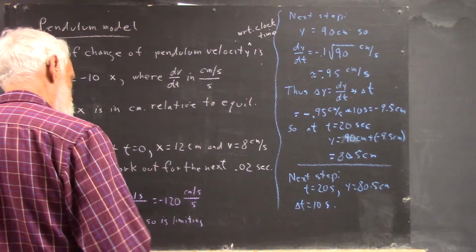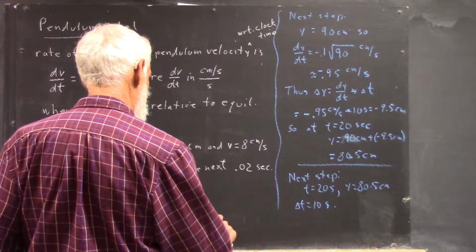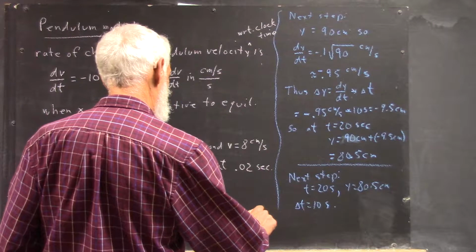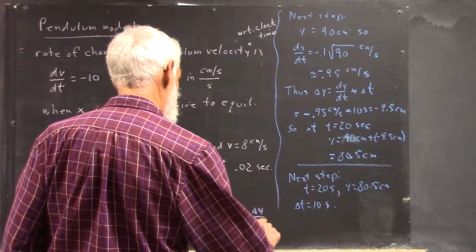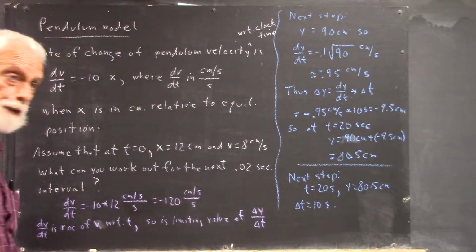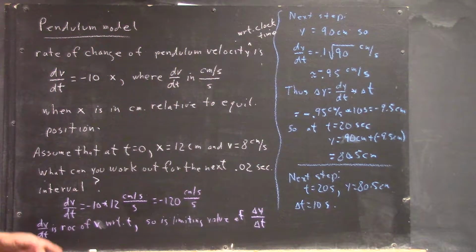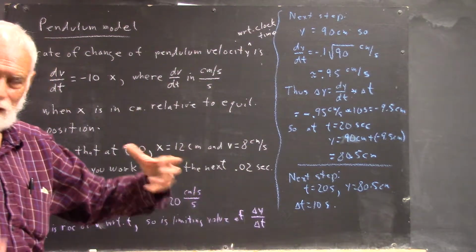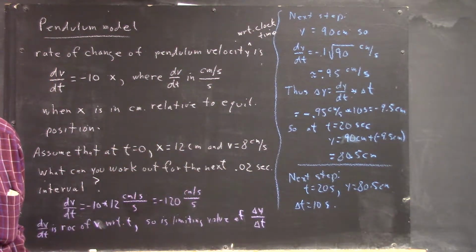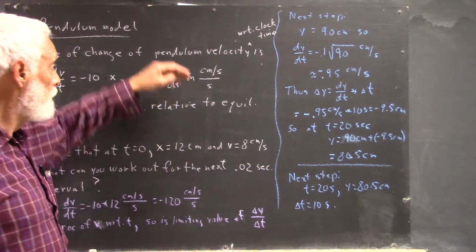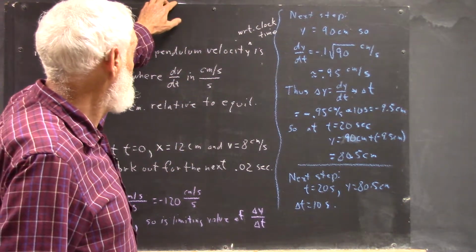And I'm going to introduce a little terminology. You can ignore it if you wish, but it's like a delta V over delta T, isn't it? Except it's a dv over dt, which means it's a limiting value as delta t gets shorter and shorter, okay? And you don't need to worry about that to apply this, but I want to write it out, okay?